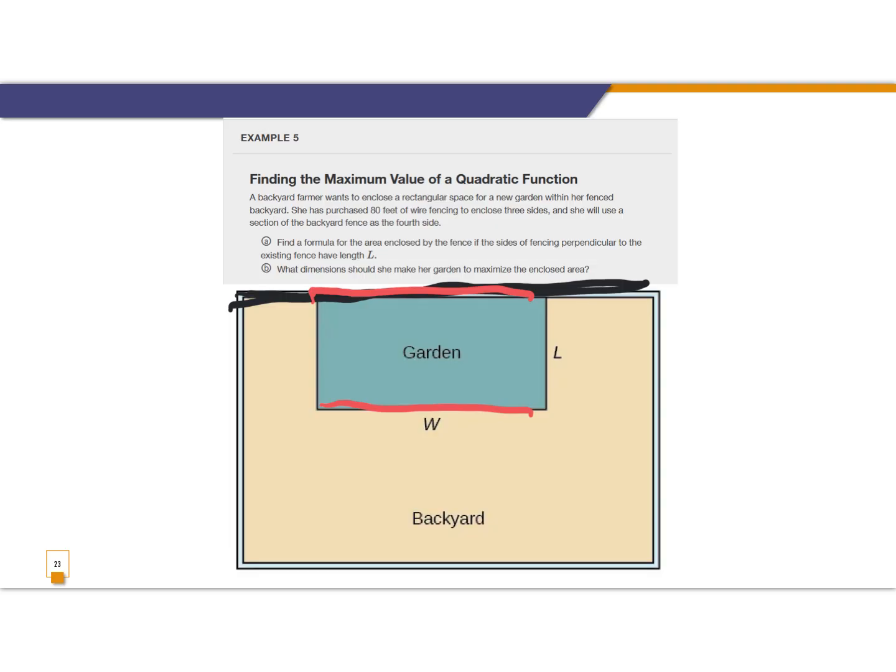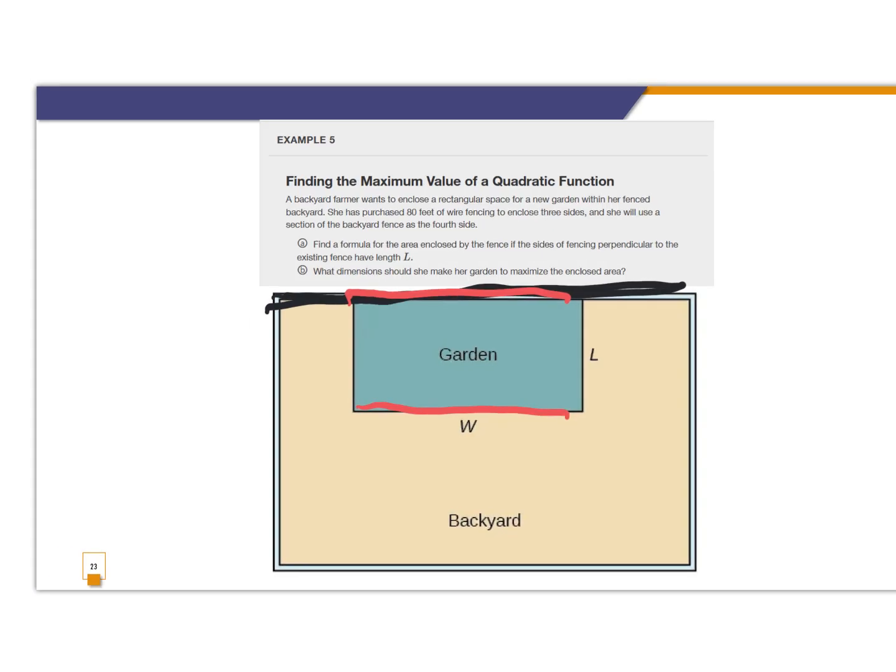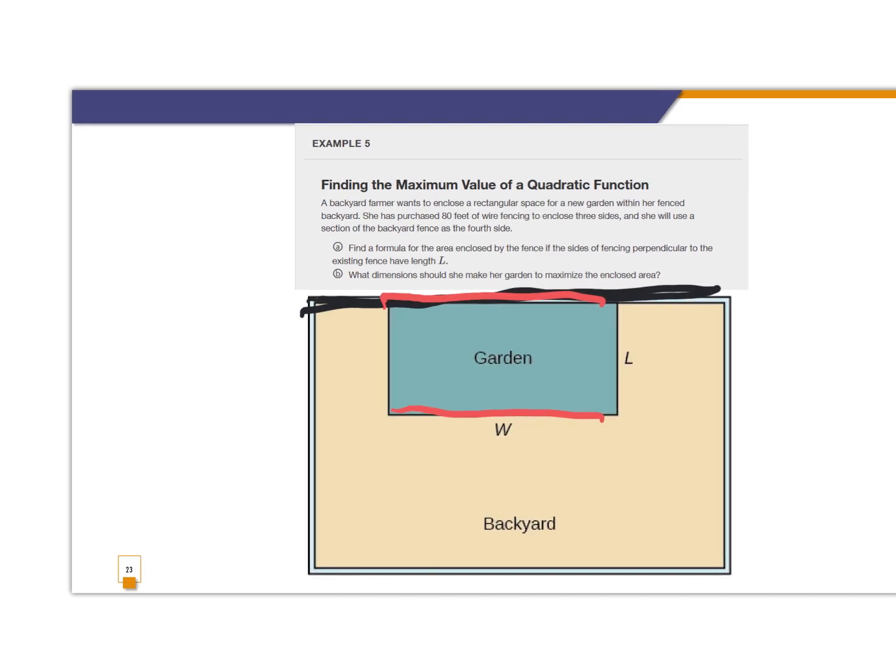So I'm looking at that perimeter again. It was 80. I had on the other slide 80 will equal 2 of the L's plus this W down here. I don't need this one up here because it's already fenced in. But I do have these 2 L pieces here.